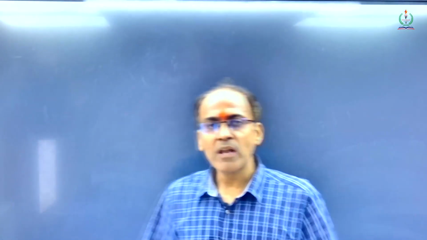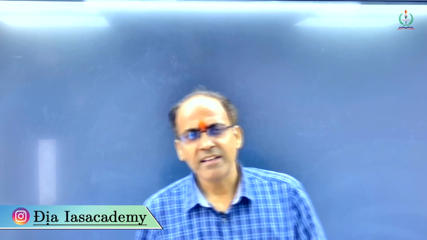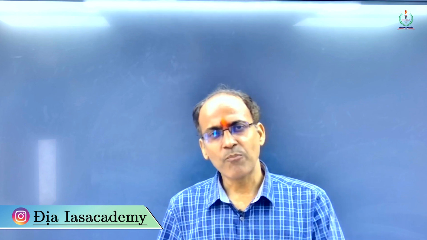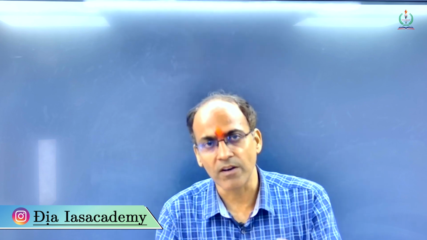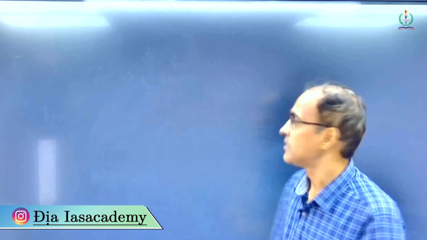When we talk about active and passive voices, what exactly are we referring to? Active and passive voices are basically a verb which is either in an active voice or in passive voice.